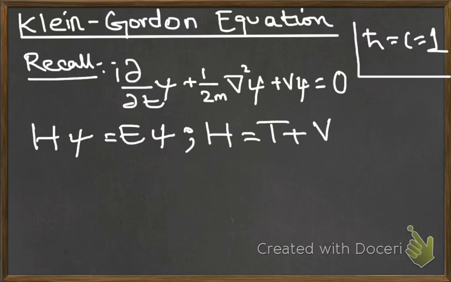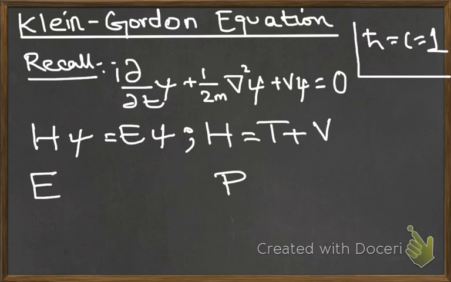Right. Now, when we move from classical to quantum, we do that by the notion of operators, and we quantize our observables, quantize our quantities. That is, in this case, we are going to quantize energy and momentum.